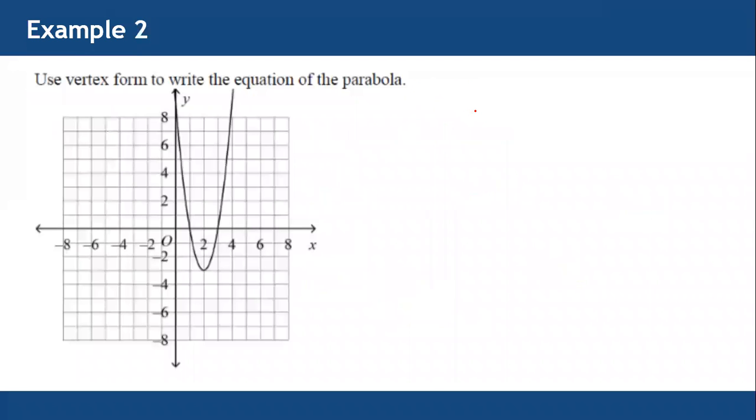Next question. We have the vertex from the graph. What is the vertex from the given graph? You know this point, these are called vertex points. This point is the turning point of the parabola.